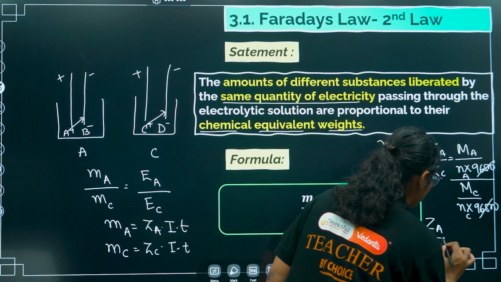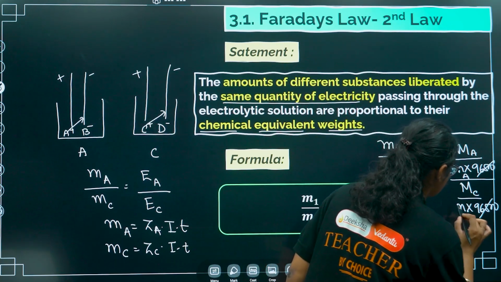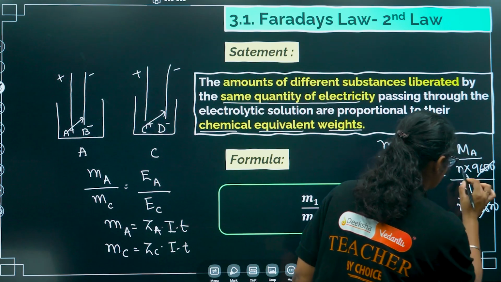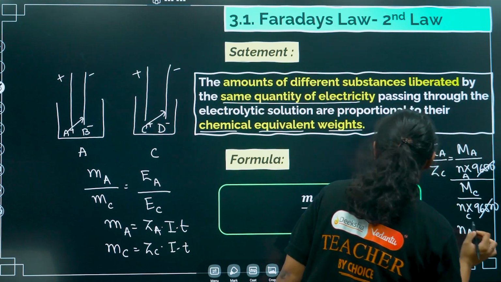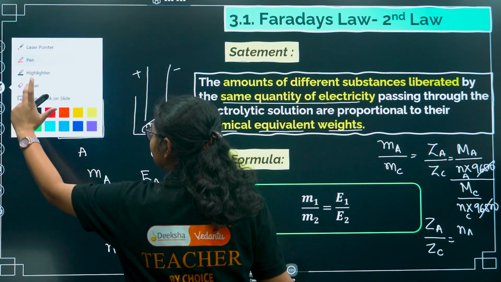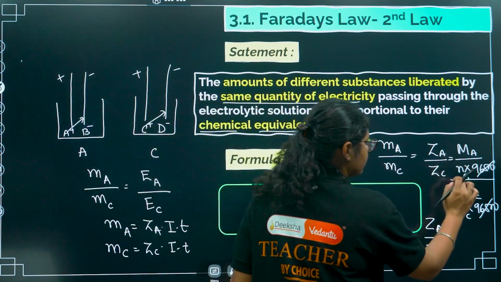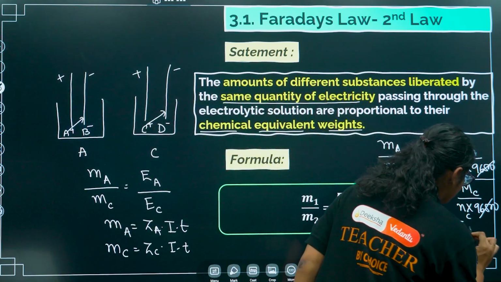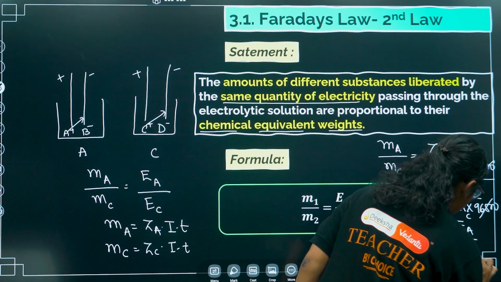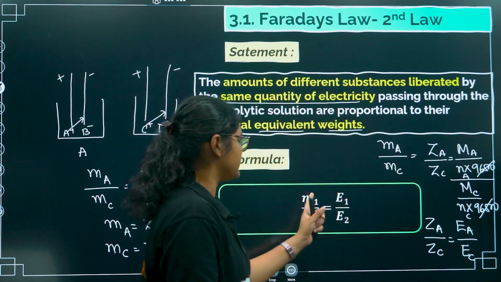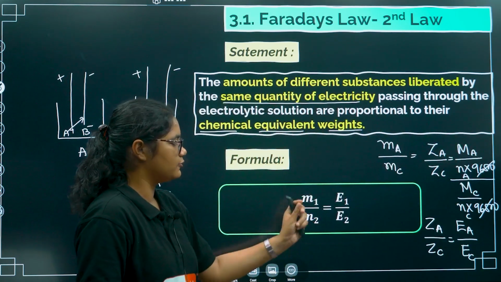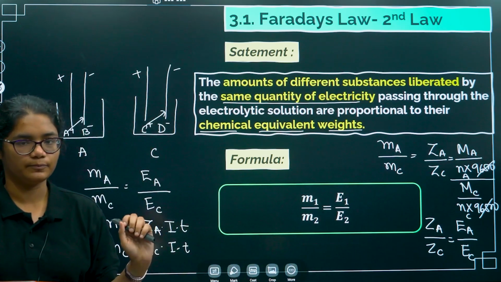ZA by ZC is equal to molar mass of A by Na, that is nothing but equivalent weight, so equivalent weight of A by equivalent weight of C. So that is the formula given: M1 by M2 is equal to E1 by E2.